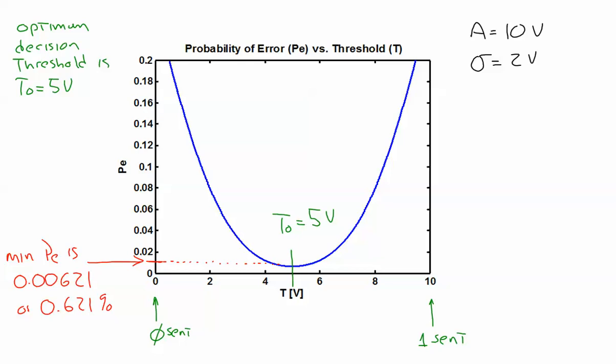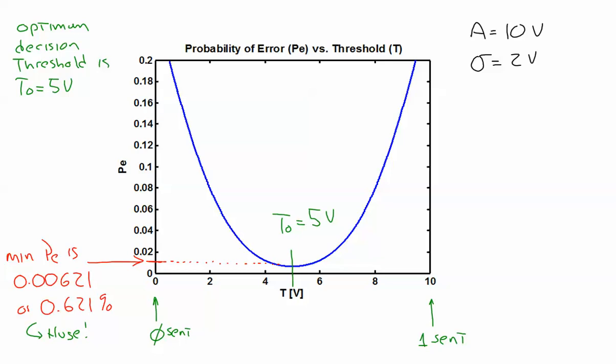About 6/10 of a percent of the time, I'm going to be making a mistake when I have a digital data stream represented by 0 volts for zeros and 10 volts for ones, when I am corrupted by 0 mean Gaussian white noise with 2 volt standard deviation. All right. I claim to you, without justification, that this is huge.